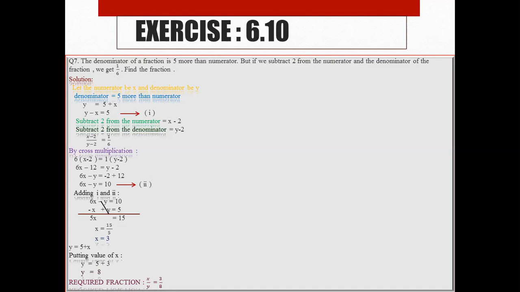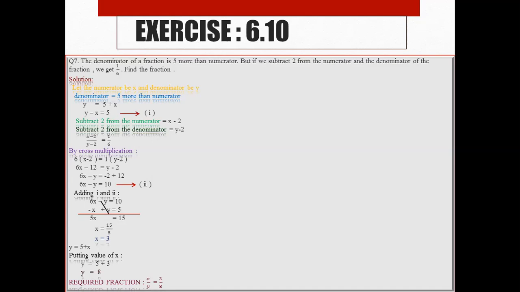You see clearly that 6 comes to x minus 2 and y minus 2 comes to 1. This is called cross multiplication. 6 times x minus 2 is 6x minus 12, and 1 multiplied with y minus 2, the answer will be unchanged, y minus 2.